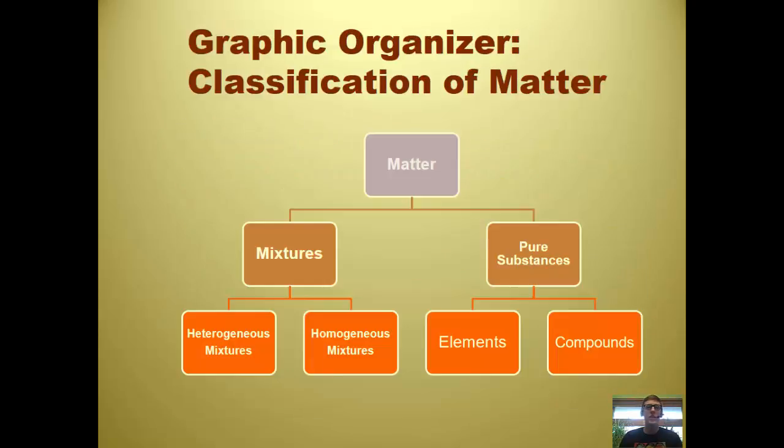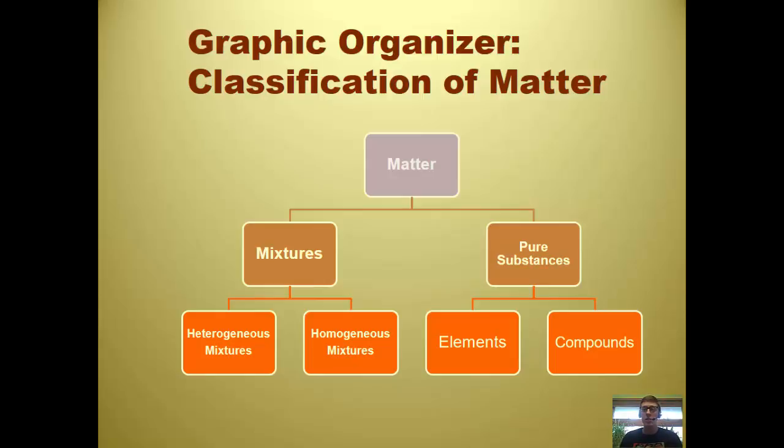So this is an overarching classification of matter, just how everything looks. Matter can be organized into mixtures and pure substances. Mixtures are heterogeneous or homogeneous mixtures. Remember, heterogeneous look different. Homogeneous look the same.